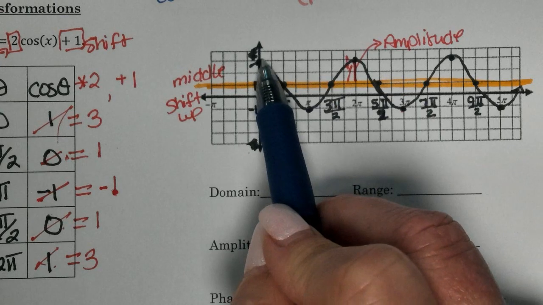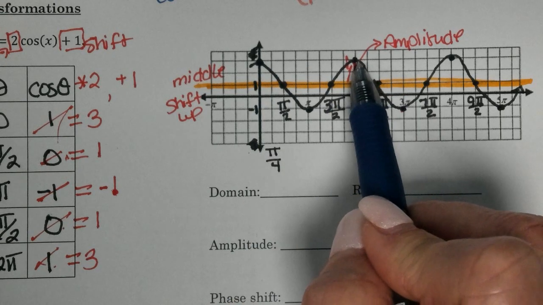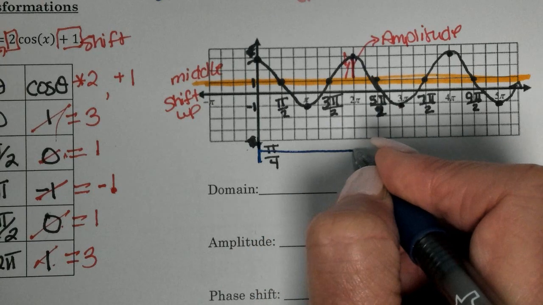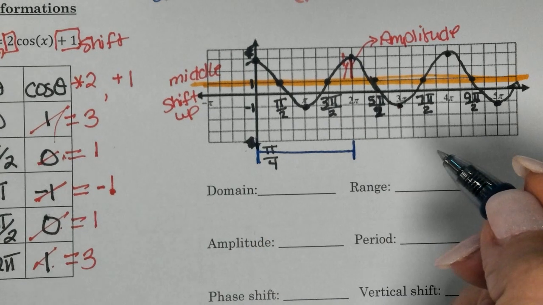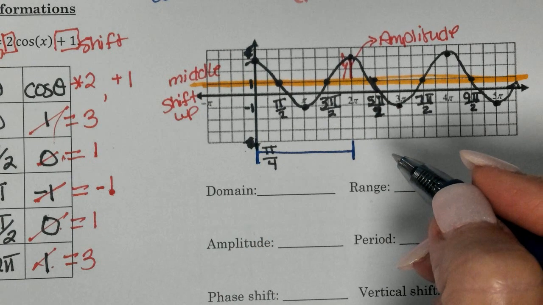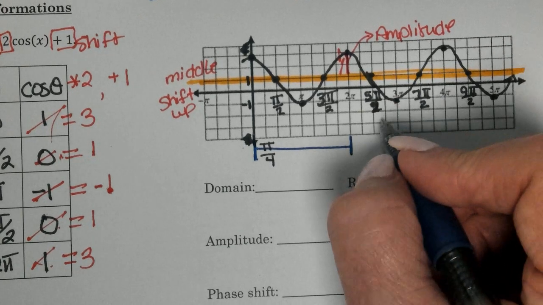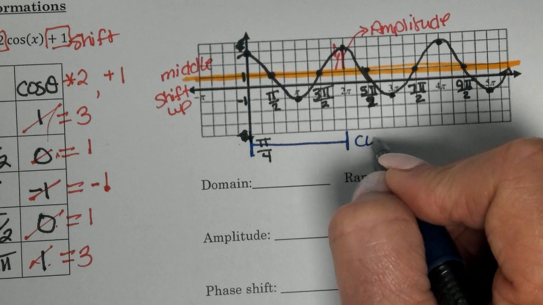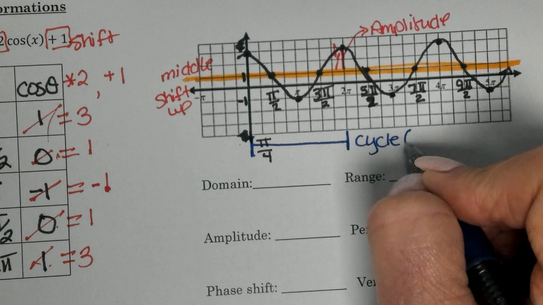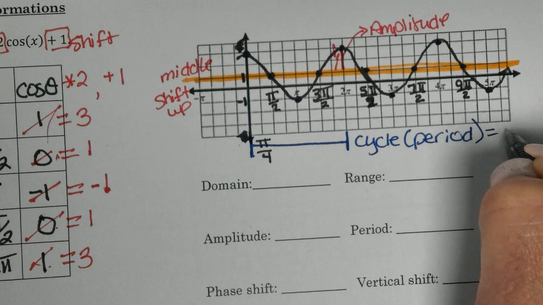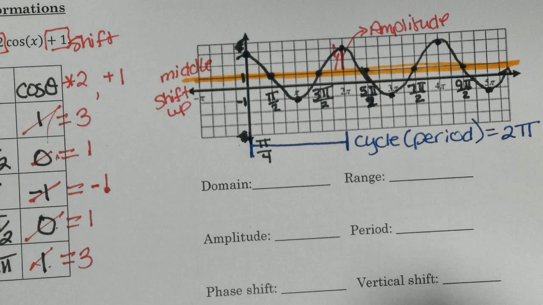So between 0 and 2 pi, we completed one full cycle. We didn't change that because nothing changed horizontally. So one full cycle, or period, these two terms are used interchangeably, is equal to 2 pi.